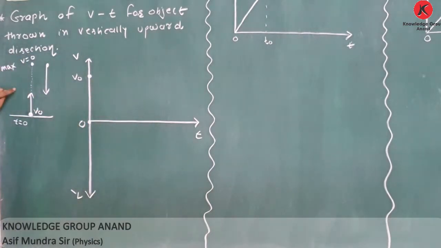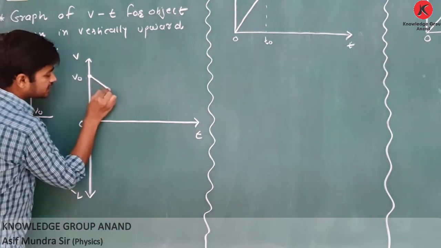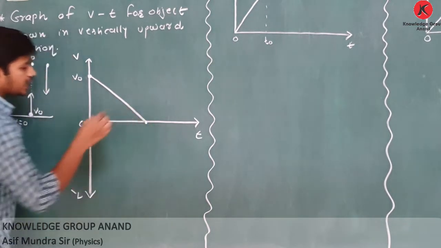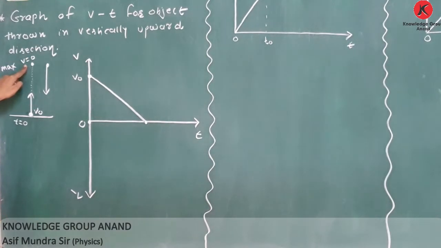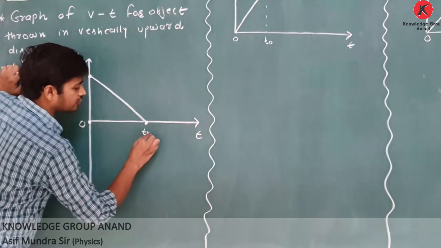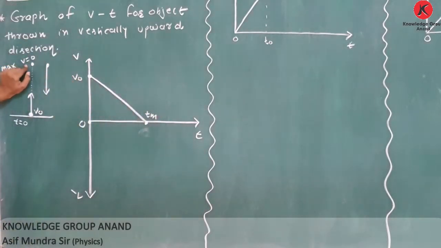And this object is under gravitational force, so acceleration is gravitational acceleration. So the VT graph will be a straight line like this. Its velocity decreases. When it comes to this point, that is maximum height, its velocity will become 0. This time is Tm, the time to reach maximum height. So clear about this graph?